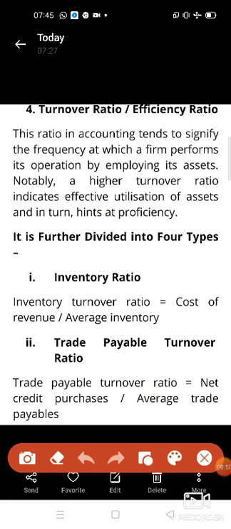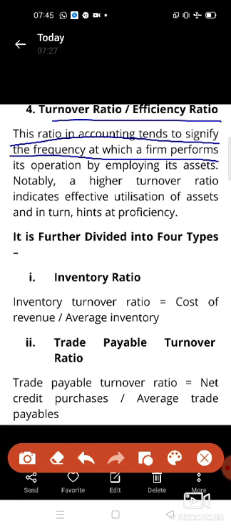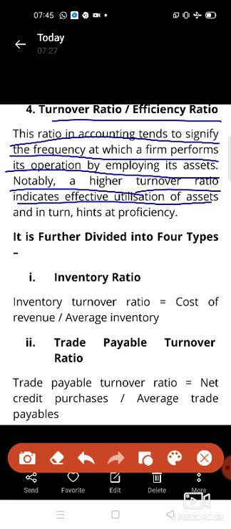Turnover ratio or efficiency ratio. This ratio in accounting tends to signify the frequency at which a firm performs its operation by employing its assets. Notably, a higher turnover ratio indicates effective utilization of assets and in turn hints at professionalism.